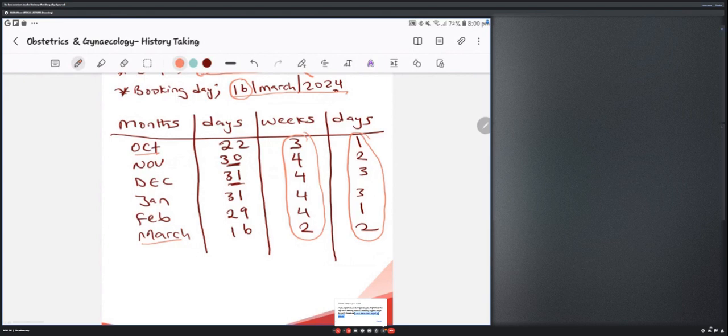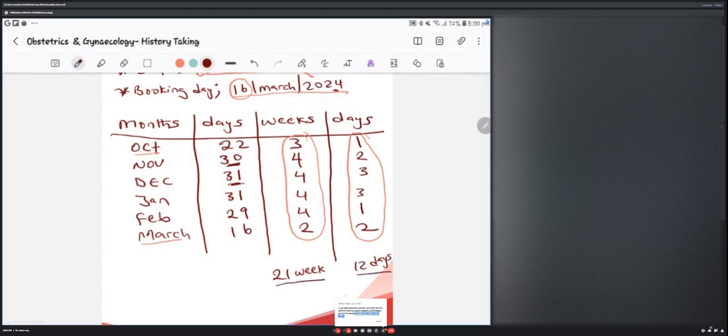Am I correct? Double check, please. Yes, 21. Remember, this is under weeks. And then for here, we'll have 1 plus 2, which is 3, 6, 9, 12. Am I correct? Yes. So it means that she's 21 weeks, 12 days.